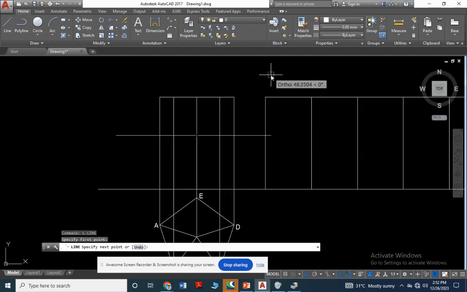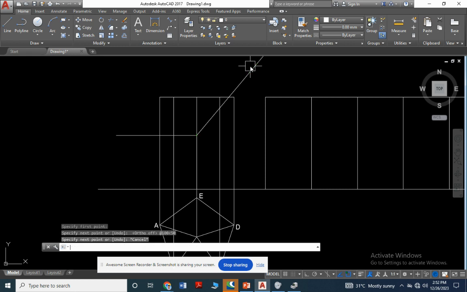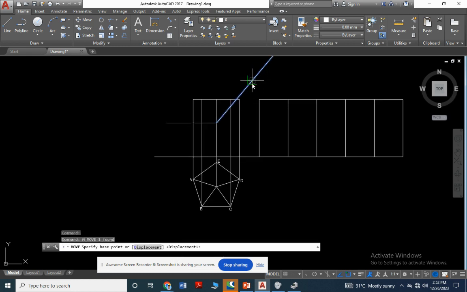So draw a line, inclined. For example, length of the line is 100 at an angle of 50 degrees. Okay, this is the line.